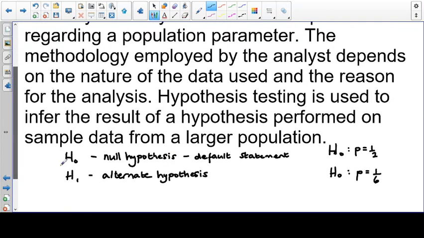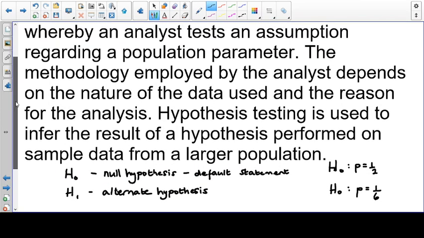So we are trying to either reject this. So we're going to either do some statistics to reject our null hypothesis and say that this is true, or we will do some statistics and we will fail to reject the null hypothesis and have to stick with our default statement.